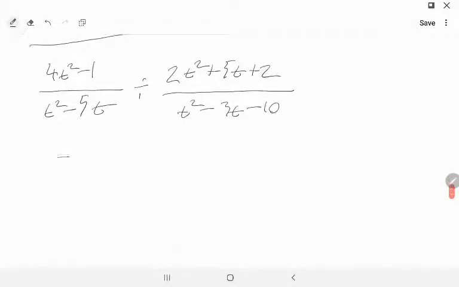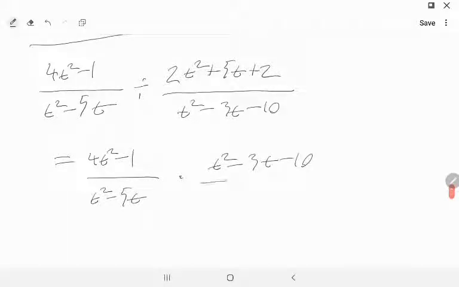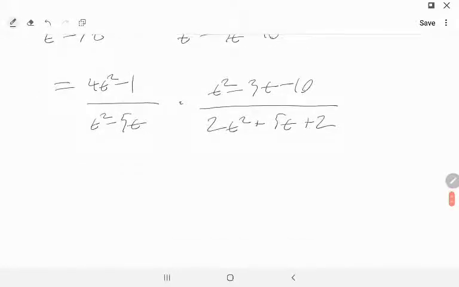We'll break this down. We're going to get 4t squared minus 1 divided by t squared minus 5t times the t squared minus 3t minus 10, all divided by 2t squared plus 5t plus 2. Now we can do our factorization.